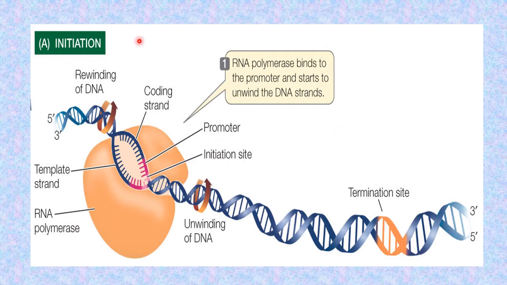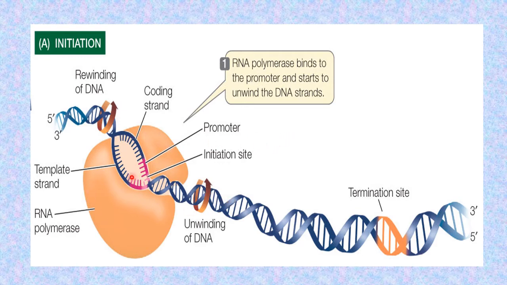So for the purpose of initiation, that is starting of this process of transcription, this RNA polymerase attaches itself to a special sequence on the DNA duplex that is known as the promoter region. It binds itself to the promoter region, and this promoter we know is recognized by the sigma factor.